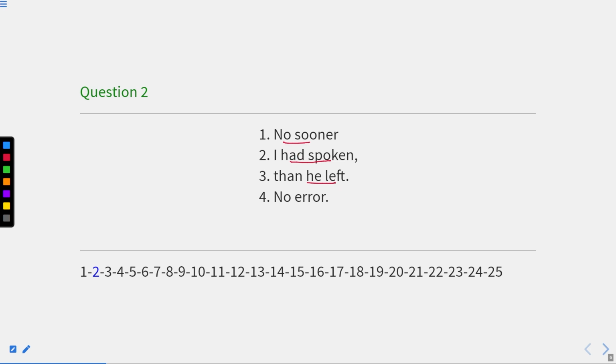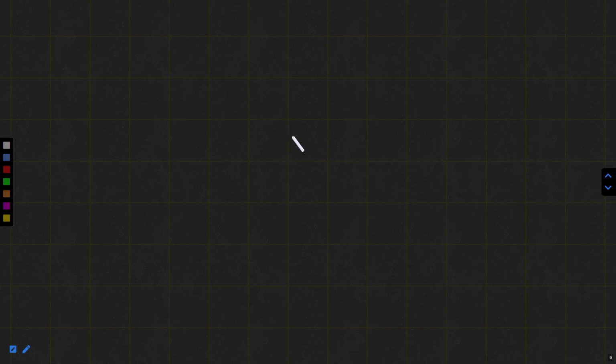Now here we have the word no sooner. Now this is also considered as an adverb. Whenever we have the words no sooner, it is always paired with than. Hardly, but there is another rule, which is the rule of inversion. Hardly, rarely, and another word, that is scarcely.